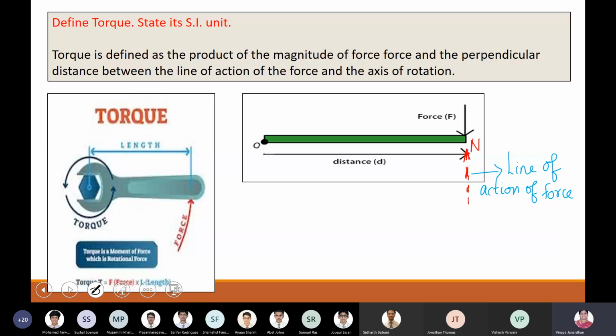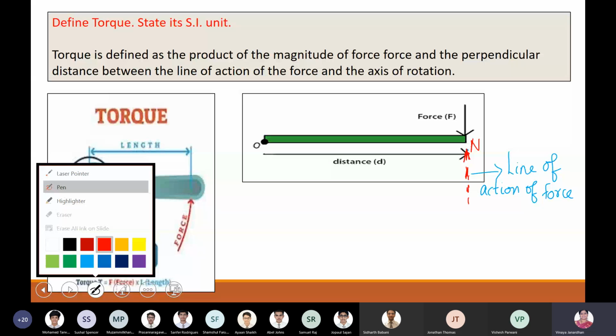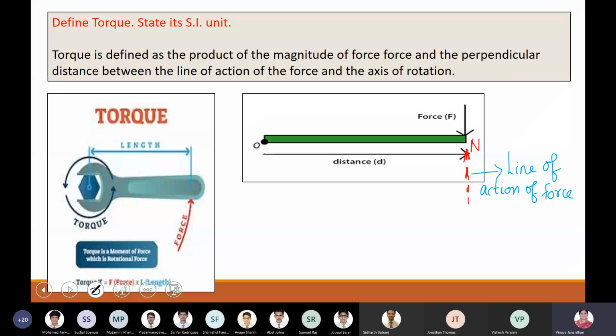Now comes defining torque and stating its SI unit. How do you measure your torque, right? How do you measure force in linear motion? How do you measure your force acting on a body when the body undergoes linear motion?